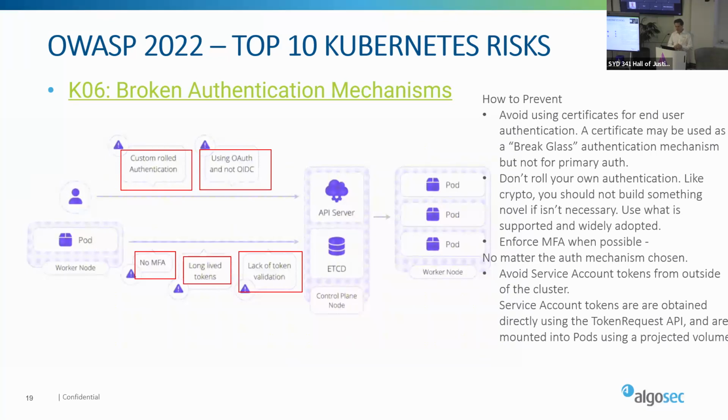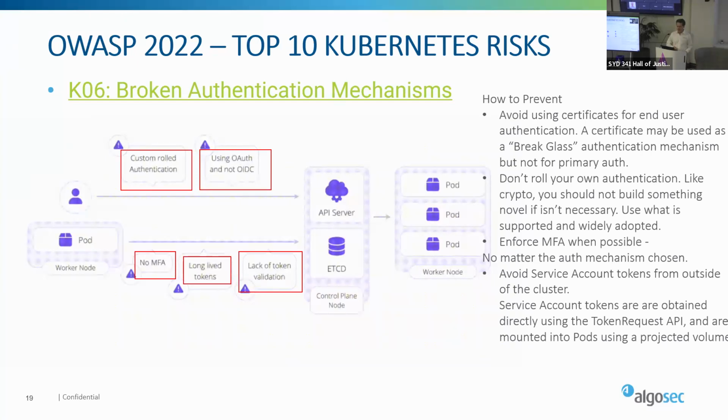And the other one is, don't roll your own authentication or crypto. You should not build something that is not necessary. Use what is supported by the API and widely adopted. And MFA is always great to have if necessary to access and authenticate. I mentioned before, don't use service account tokens from outside the cluster.